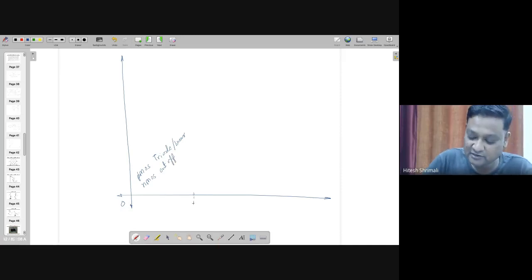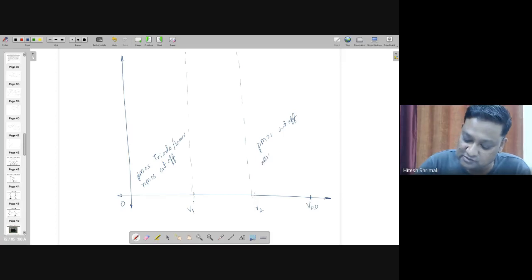So after some point, I'm talking about the point from, let's say, V2 to VDD, PMOS is in cutoff and NMOS is in triode region, or you can say linear region. Notably, that particular equation has to be used to find the required parameter. But in between, V1 and V2 is the region where PMOS and NMOS, both transistors, are in saturation.